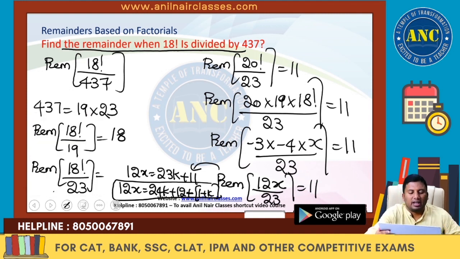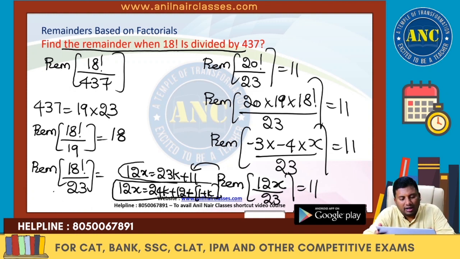Till here it is clear, right? 12x is equivalent to 24k plus 12 minus (1 plus k). Right? This is divisible by 12.